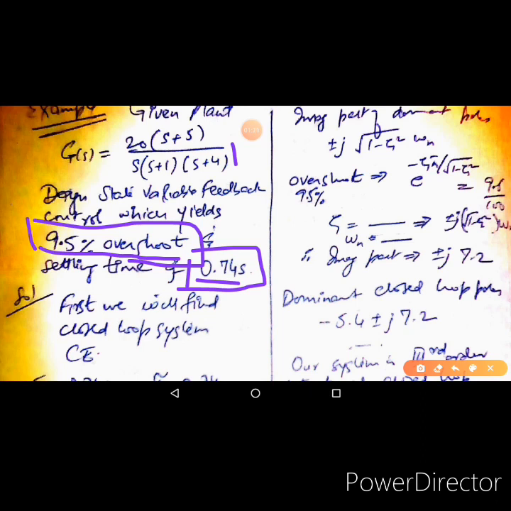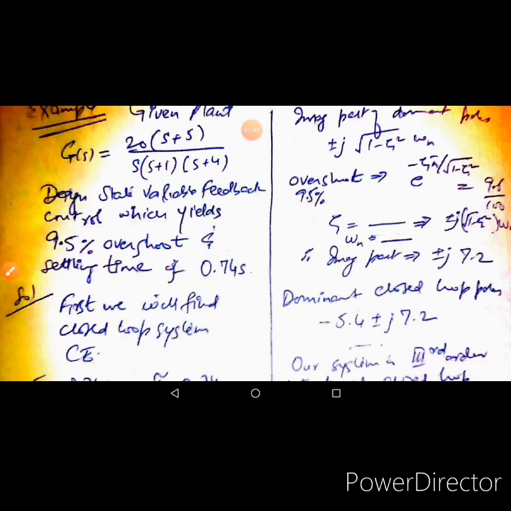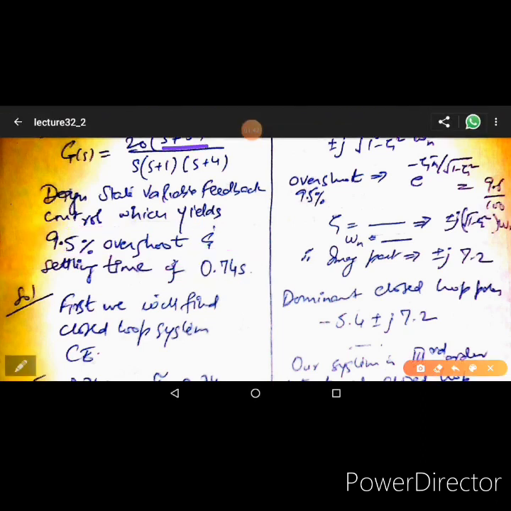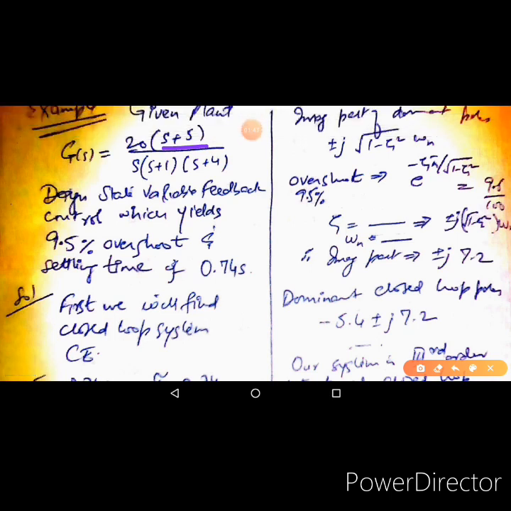Since the system is a third order system, as you can see from the plant transfer function, apart from these two dominant poles there must be a third pole. That pole will be assumed by our choice, and we can choose it to cancel out the open loop zero, which you can see over here. We can design it to cancel out this open loop zero, but that is not necessary. We can keep it close to it.